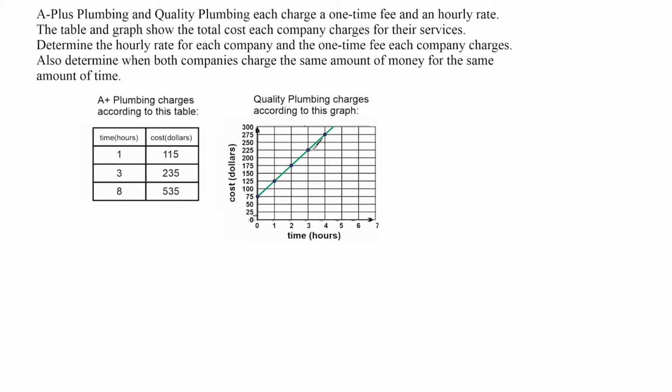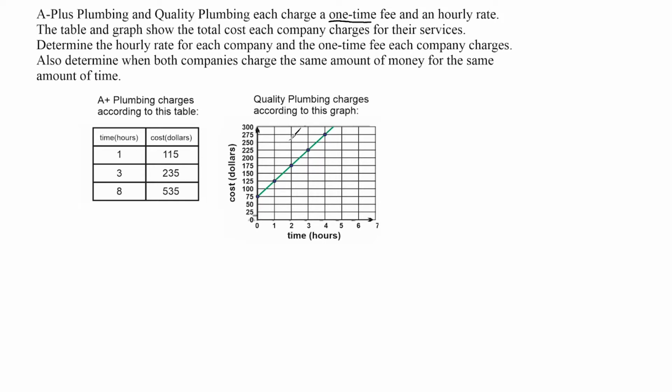Now, one thing we should notice right away about this graph is that where this line starts is at 75 on the y-axis. So we would say for 0 hours of service, Quality Plumbing charges $75. Now, one might wonder, wait, that doesn't make sense, but they haven't even worked yet or performed any service. Well, that's where the one-time fee comes in.